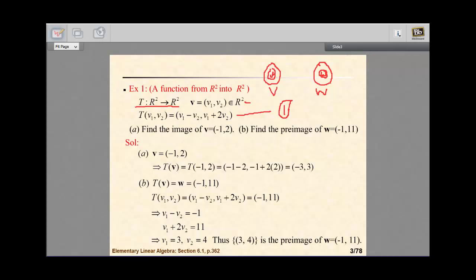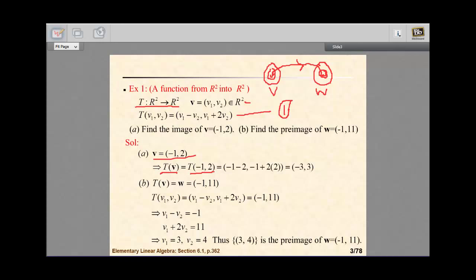When we find the image, that is the transformation from V to W. So let us see what we do. v is equal to (-1, 2). Let us apply the transformation T on v, that is T(-1, 2), applying the transformation on the left and right sides. The transformation can be applied from equation number 1.